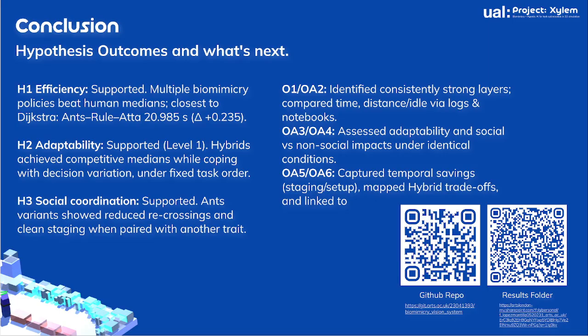And our third hypothesis is visible as the social strategies reduce the recrossings and improve on handoffs. We've met our objectives as well, as we identified strong layers comparing efficiency, testing and adaptability connecting to human-computer interaction when we do the comparison on it.